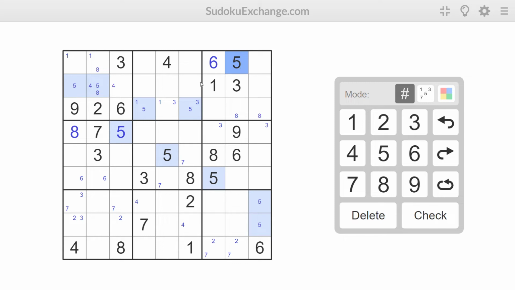So, okay, let's try one thing. Let's fill in these 3 cells with what's remaining, because these 3 cells already have to contain a 1, 3 or a 5. This is 6, 2 and 9. We've already put 2 8s here.